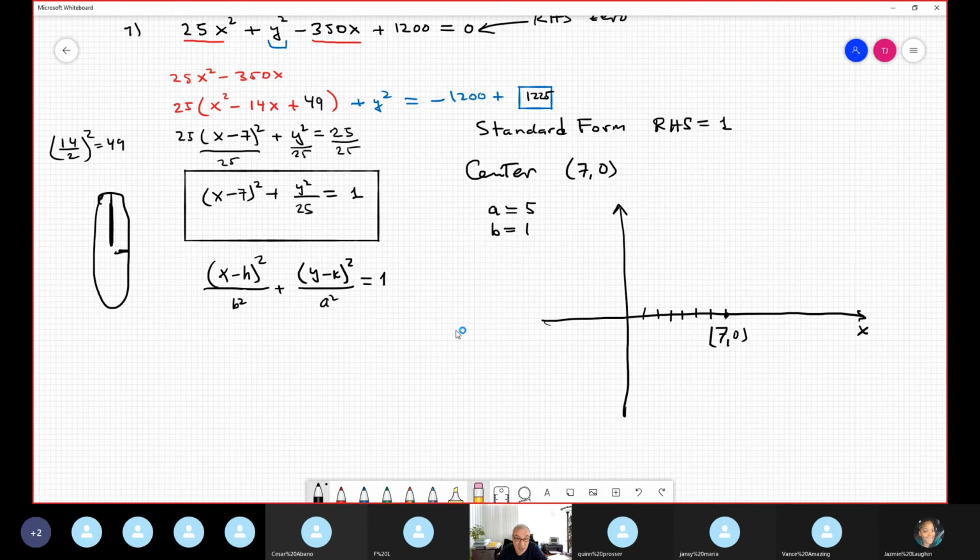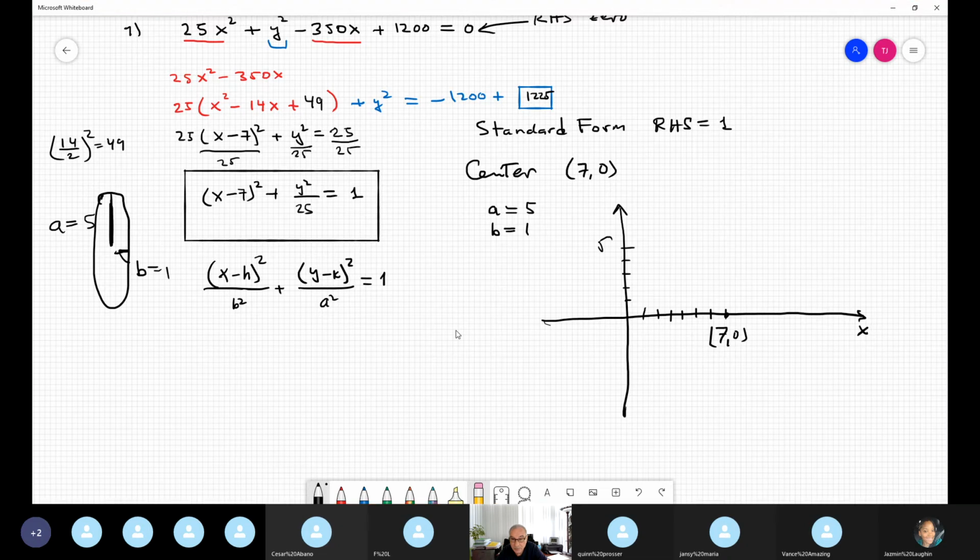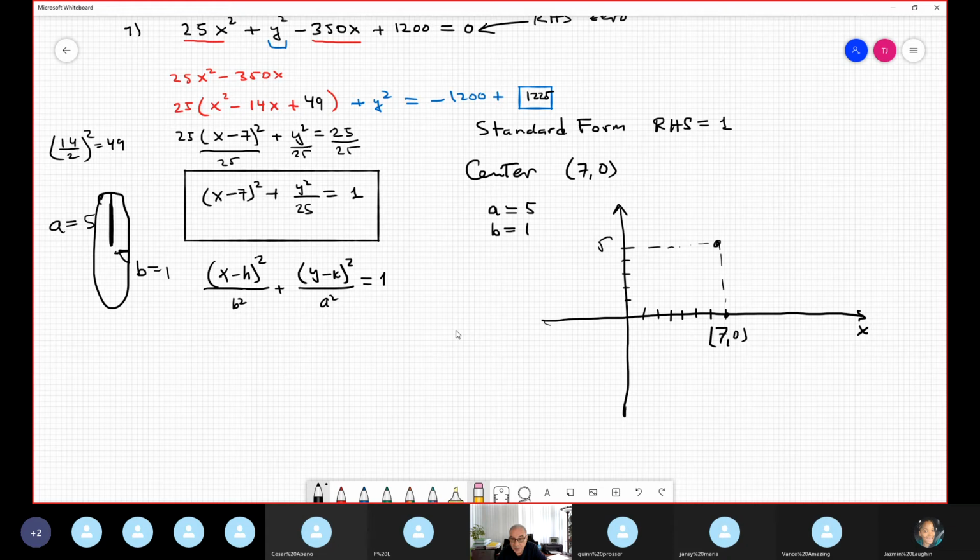And the distance is 5. So this distance a is 5, and this distance b is 1. Okay, entonces my vertex is located 1, 2, 3, 4, 5. Here, this point 7,5 is my first vertex. And likewise, here negative 5 is my second vertex.